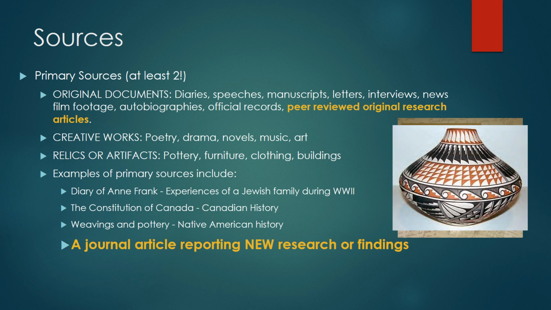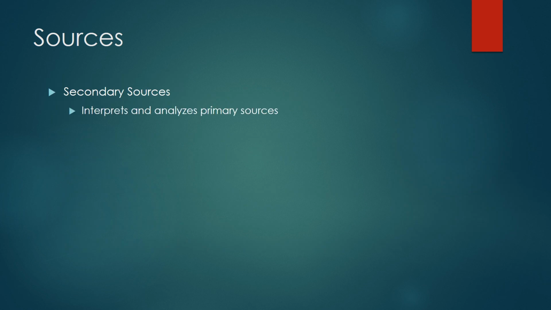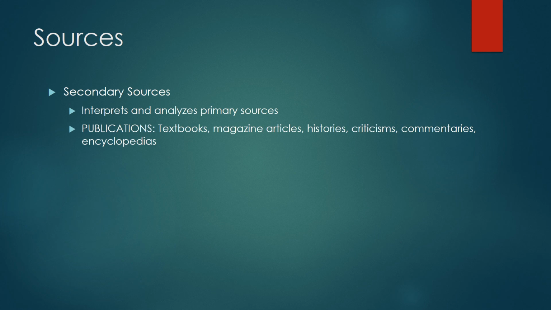Note that I highlighted the word new because that is important to distinguish it from secondary sources, which we're going to talk about here. So remember, a secondary source is something that interprets or analyzes those primary sources. So what we're talking about here are textbooks, magazine articles, histories, editorials, commentaries, encyclopedias, things like that, that look at something that is original and then describe it or interpret it or analyze it.